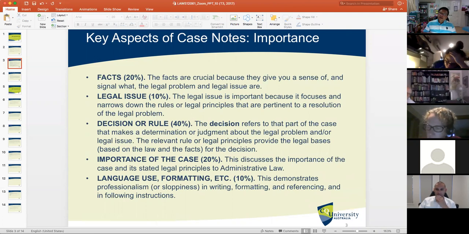Now, the facts are important because, as I said, they suggest to you what the legal issues are. And if the facts are properly presented, and when I speak of the facts, there are at least 3 areas that we should be looking at.